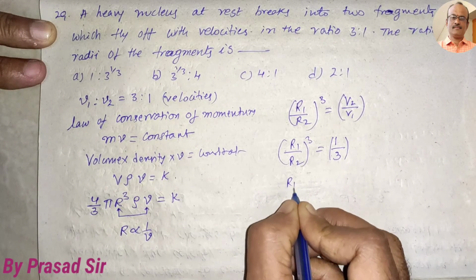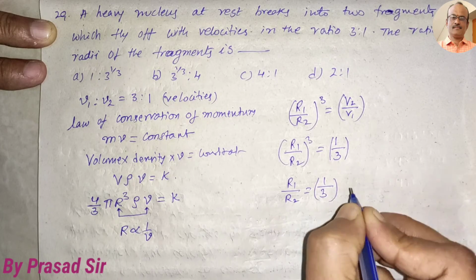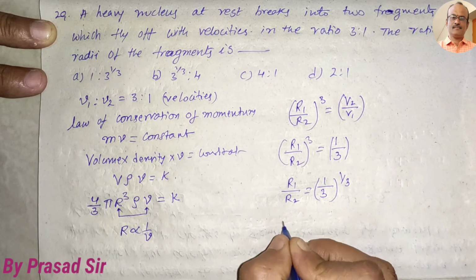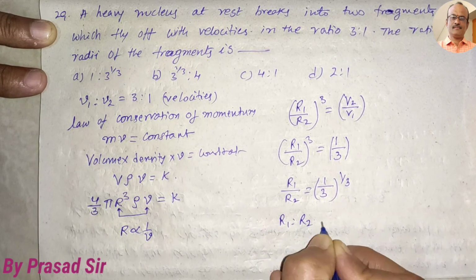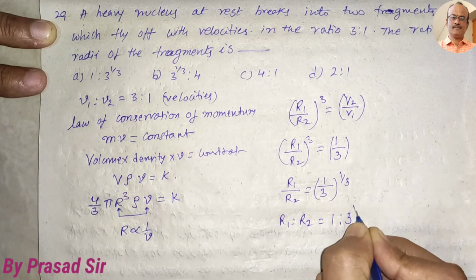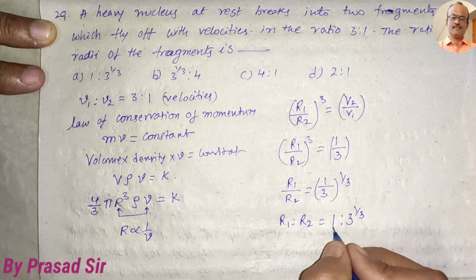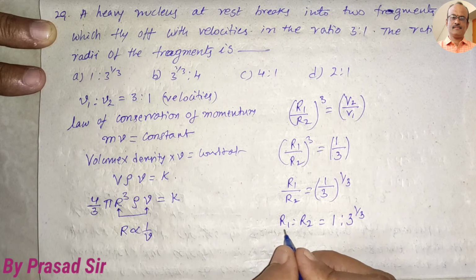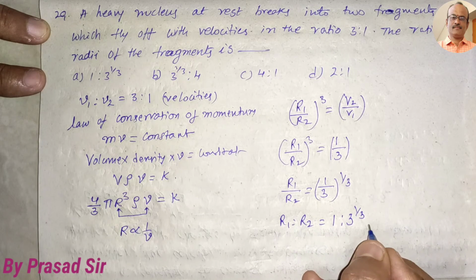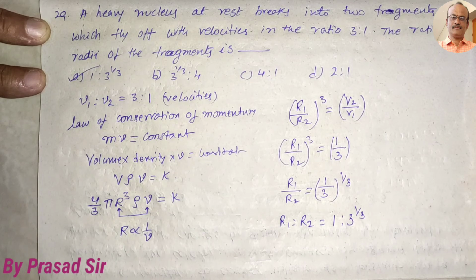So R1 divided by R2 is equal to 1/3 whole to the power of 1/3. So R1 is to R2 is equal to 1 to the power of 1/3 : 3 to the power of 1/3, that is 1:3 to the power of 1/3. So where is the option here? A is the option.